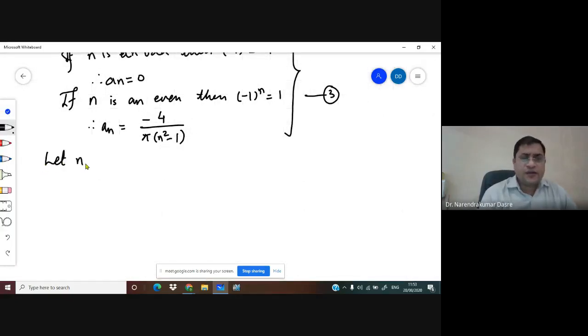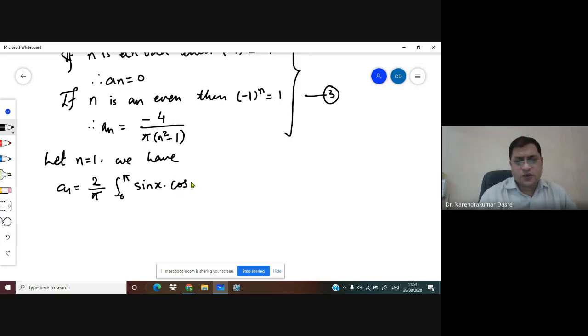So let n is equal to 1, then we have a1 is equal to 2 upon pi integral 0 to pi. The function is sin x, and here we have this is cos of nx. N is going to be 1, so this is going to be x, and so we can write here 2 upon pi, 0 to pi, this is sine of 2x by 2 and dx.